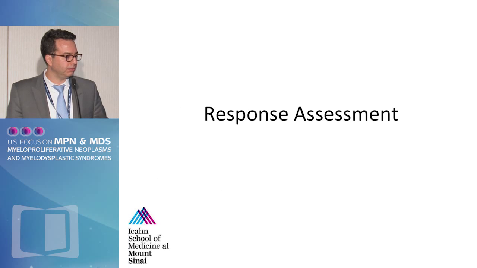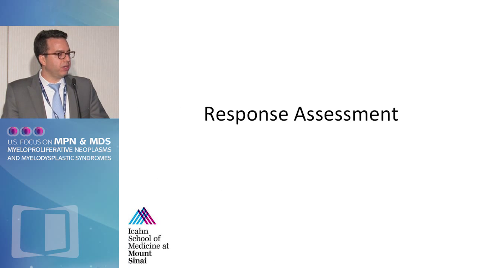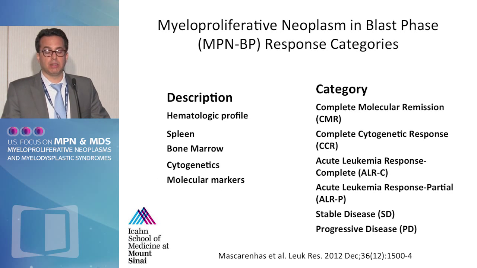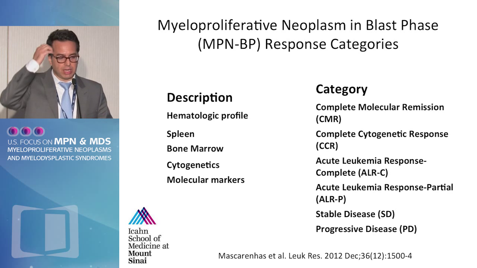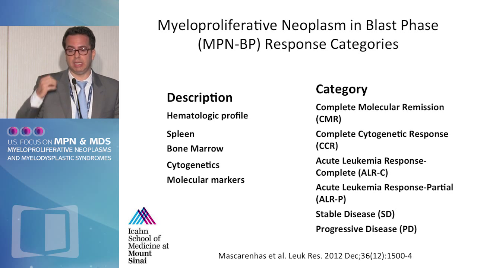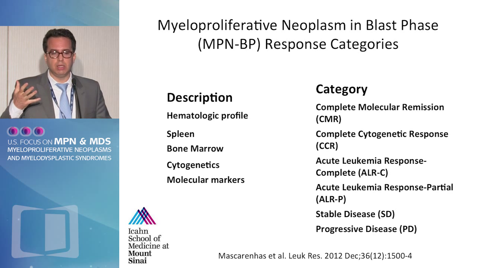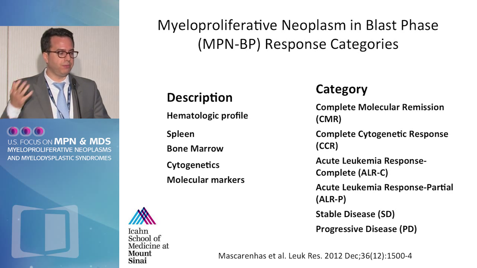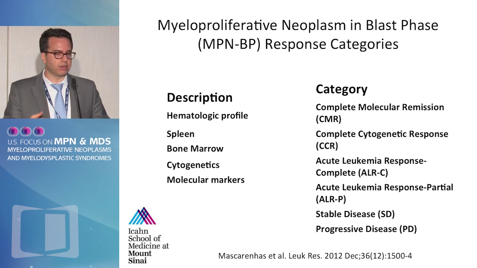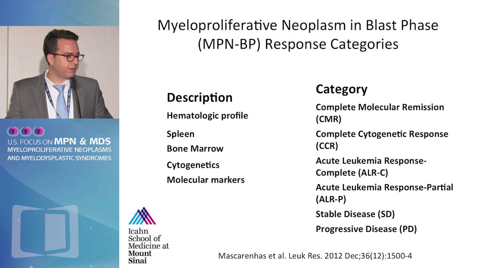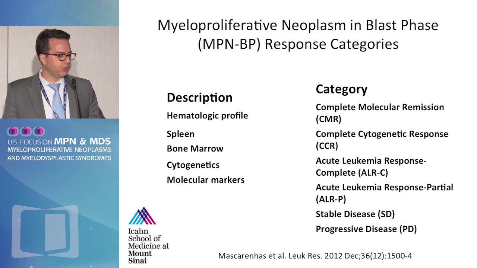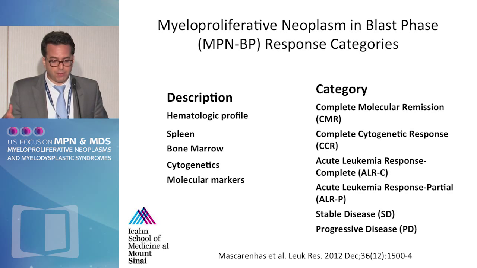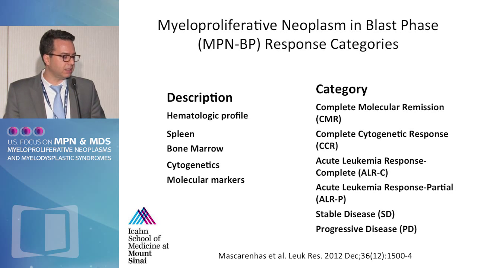Response assessment. So one of the challenges in assessing response, particularly in a clinical trial setting, is how do you define a response in a disease where there's two competing issues. You have an acute phase disease and you have a chronic phase disease that are occurring simultaneously. How does one define that? So a number of years ago, we set out to try to define this for the purposes of creating uniformity in clinical trial testing.